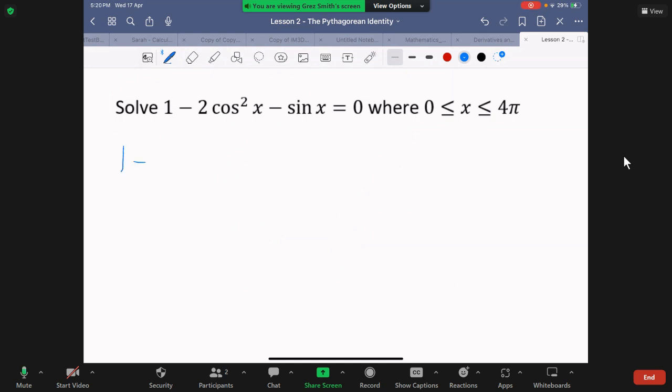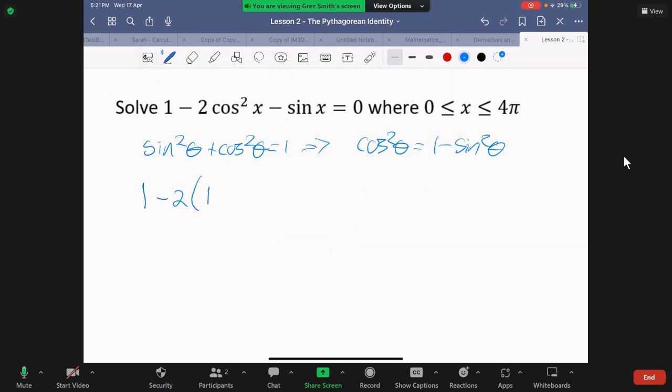So let me just do the Pythagorean identity. Sine squared theta plus cos squared theta equals 1 implies that cosine squared theta is equal to 1 minus sine squared theta. I can insert this into the equation to give 1 minus 2 bracket, and then I've got 1 minus sine squared x, because this is in x.